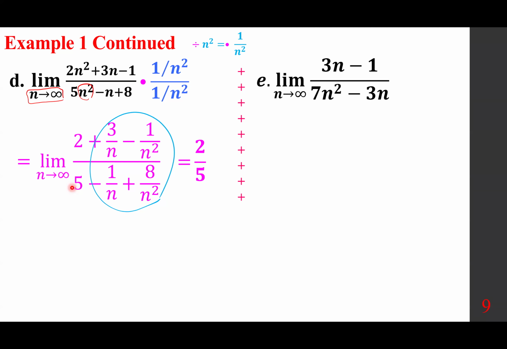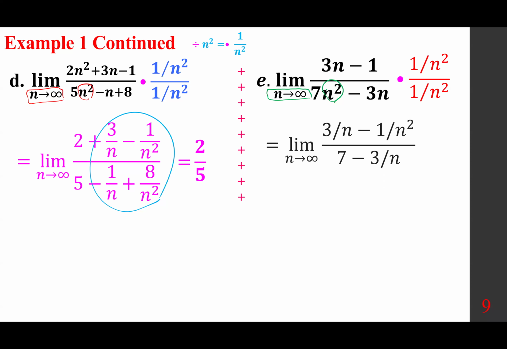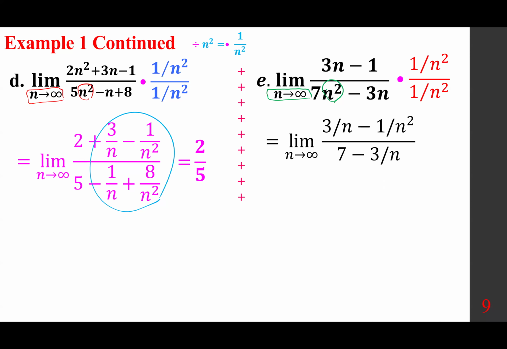The limit of (3n minus 1) over (7n squared minus 3n). And again, we observe n is approaching infinity. You're dealing with a fraction, so you divide by the highest degree term in the denominator, n squared, and simplify. Everything gets divided by n squared.